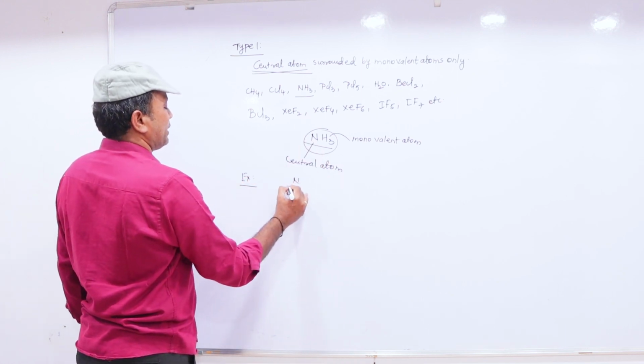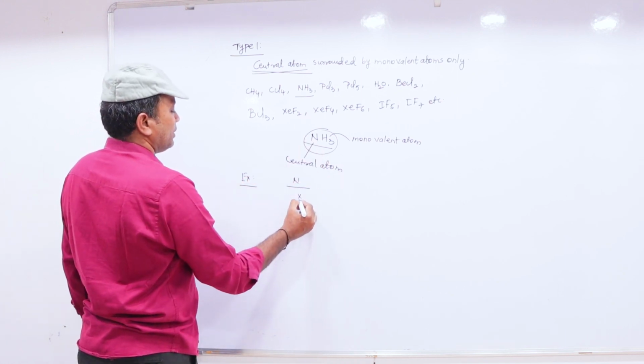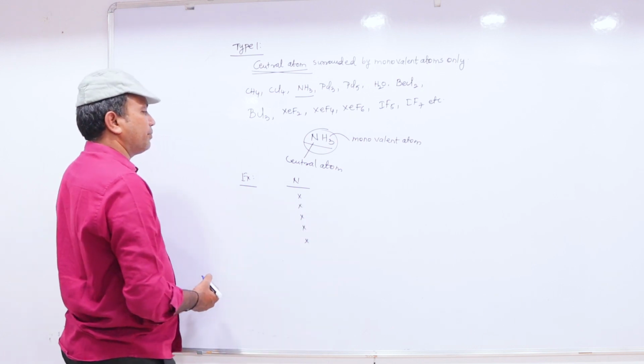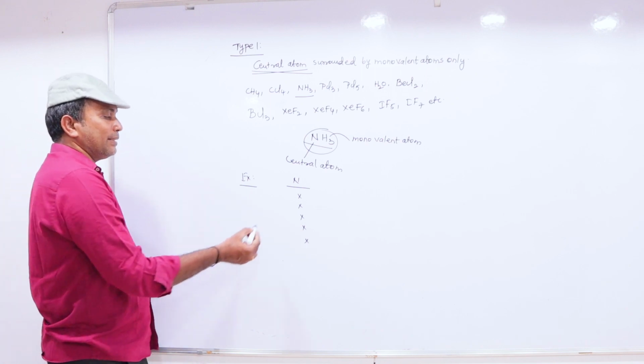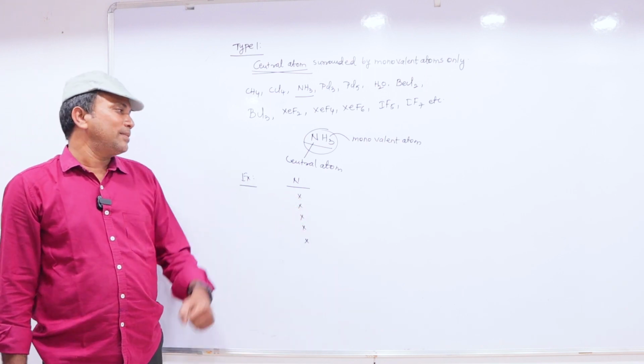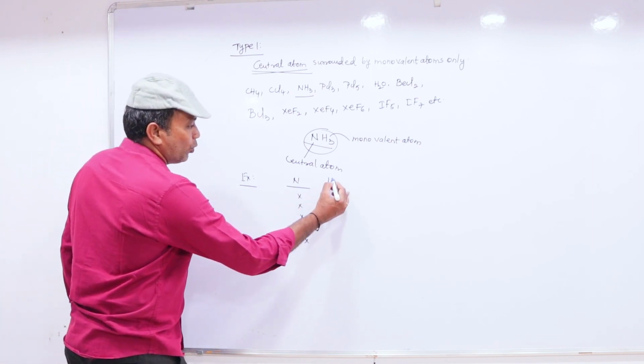Nitrogen valence electrons are 5, and I write the electrons like a cross. H is the monovalent atom.